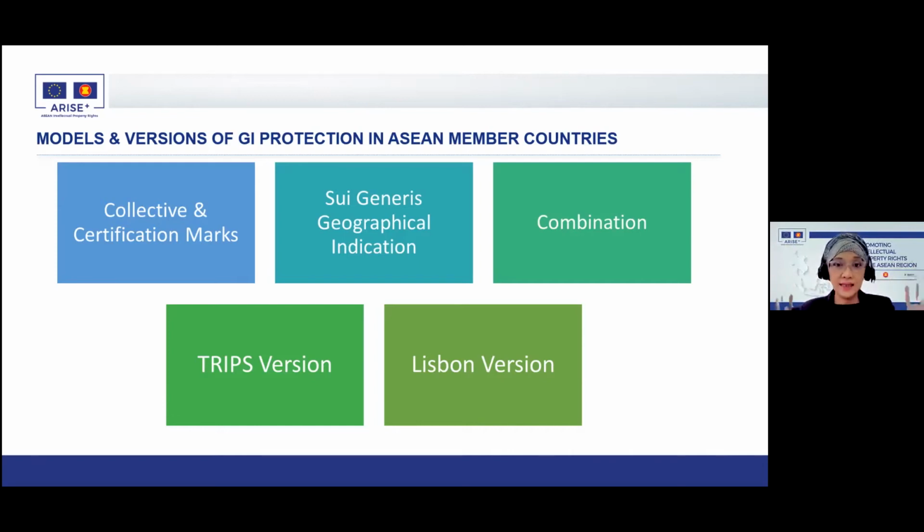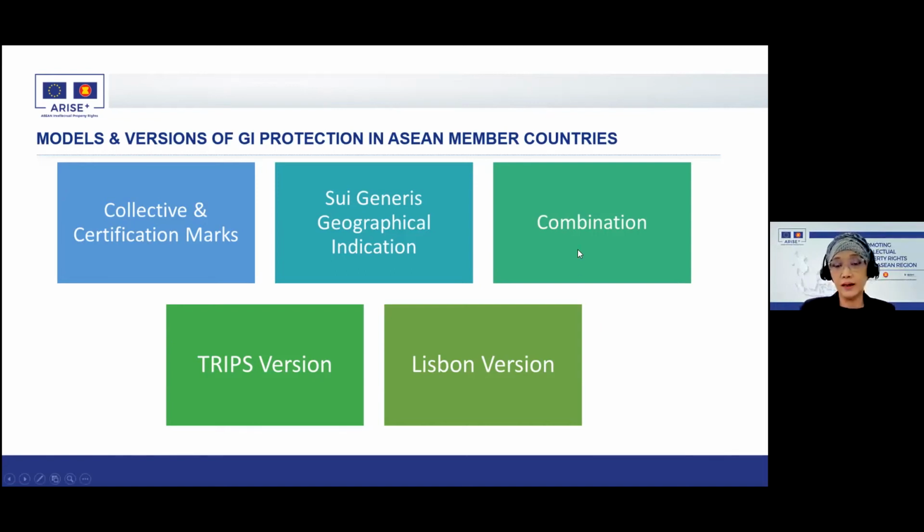Because in the general IP system, if GI is not regulated based on specific rules or laws, it is weak. It cannot be protected properly. That's the reason. Okay, so that's the meaning of sui generis. It is a special law because otherwise, without a sui generis system, it cannot be protected properly or strongly.